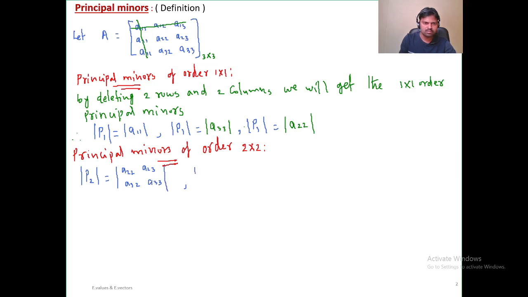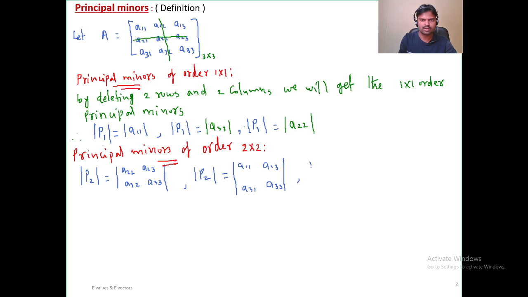Next possibility, you delete the second row and second column. Then what is left? The determinant of A11, A13, A31, A33.